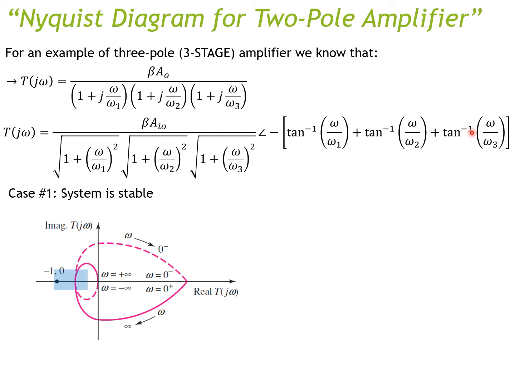We have two cases here. The first case is when the system is stable, and I can draw out my Nyquist diagram. I can start from positive 0 on the way to positive infinity. First the magnitude will start decreasing.